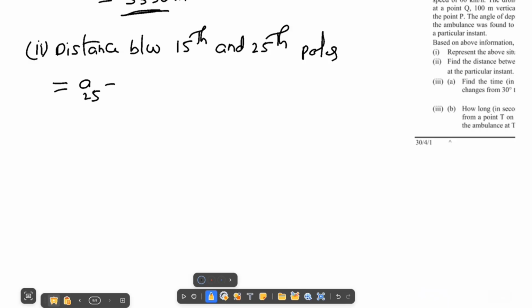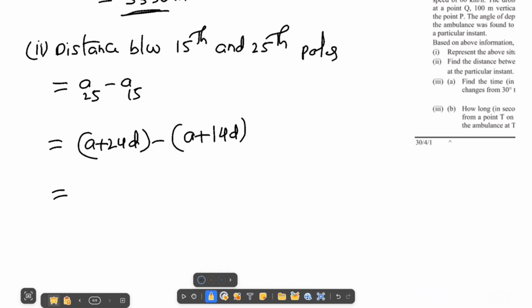A25 minus A15. How do you write the 25th term? A plus 24 times the common difference, minus the 15th term, first term plus 14 times the common difference. Now A plus 24D, if you open the bracket, becomes minus A minus 14D.